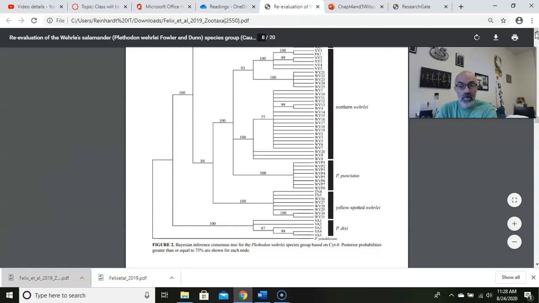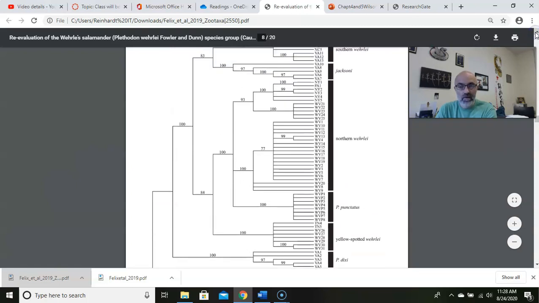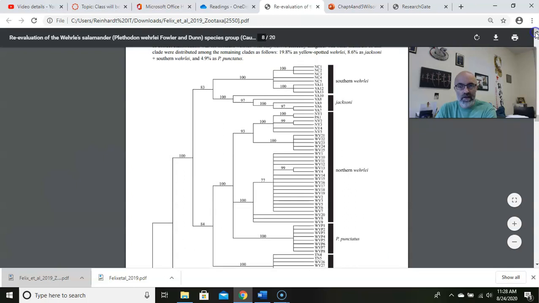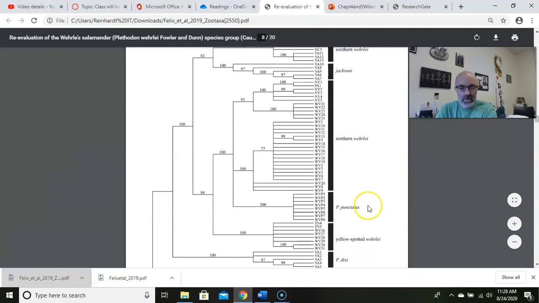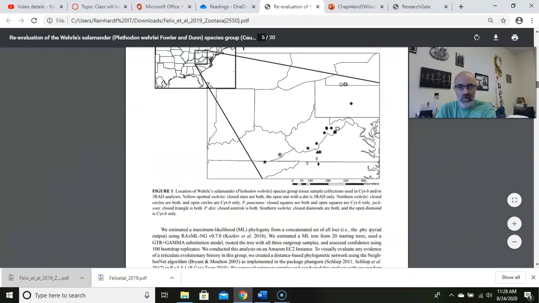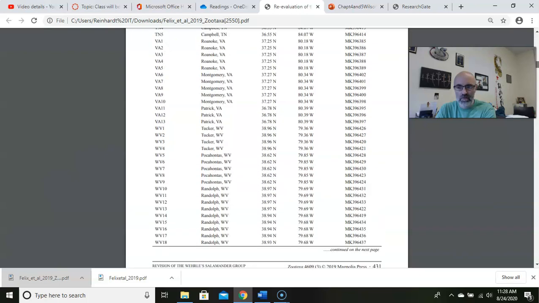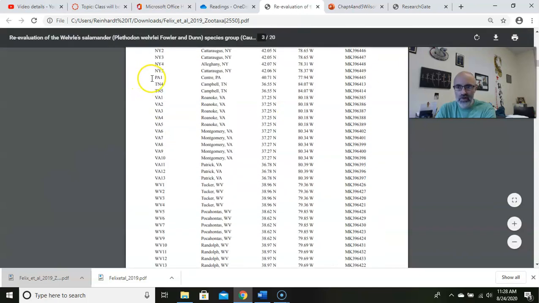Remember the big table that I showed you, and it had the different specimens. These are the same specimens, right? So this is one individual, an animal collected in Tennessee 4. We can zoom back up to the table. That individual was collected in Campbell County, Kentucky, right?